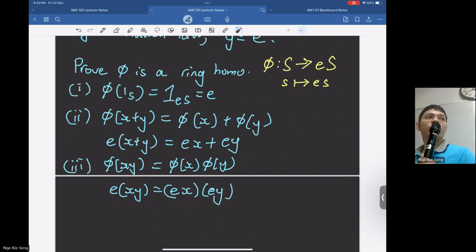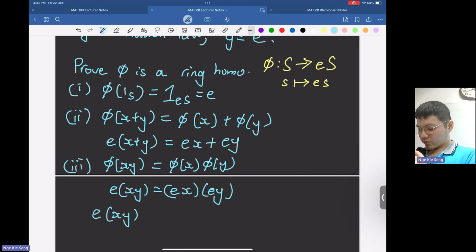How? It depends on how you think about it. Usually we go from left to right, right? So how do we create 2 E's out of 1 E? Yeah, because E is an idempotent. So E xy equals E squared times xy.